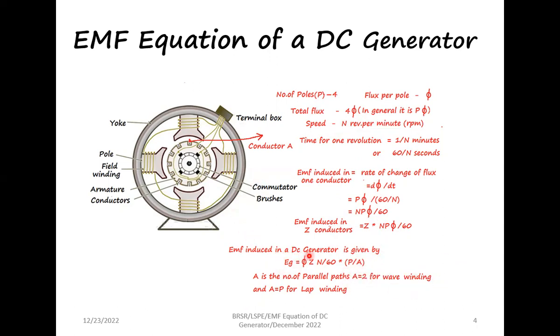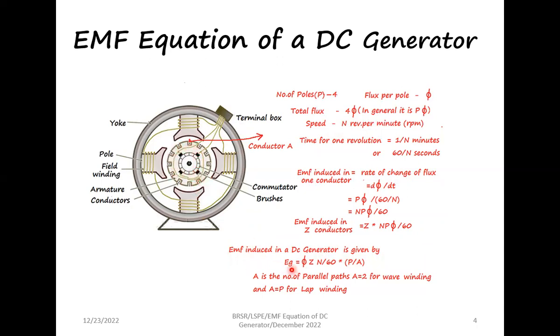The EMF induced in the entire armature is given by Eg equals phi Z N by 60 into P by A, where phi is the flux under every pole, Z is the number of conductors, N is the speed at which the armature is rotating, P is the number of poles, and A is the number of parallel paths. So this is the EMF induced in a generator.